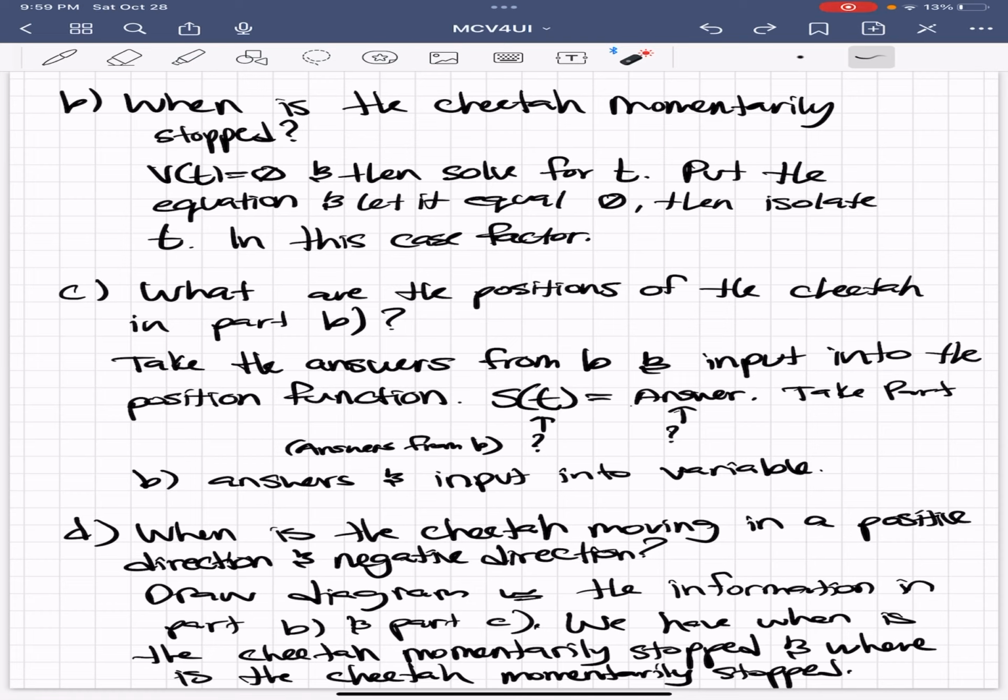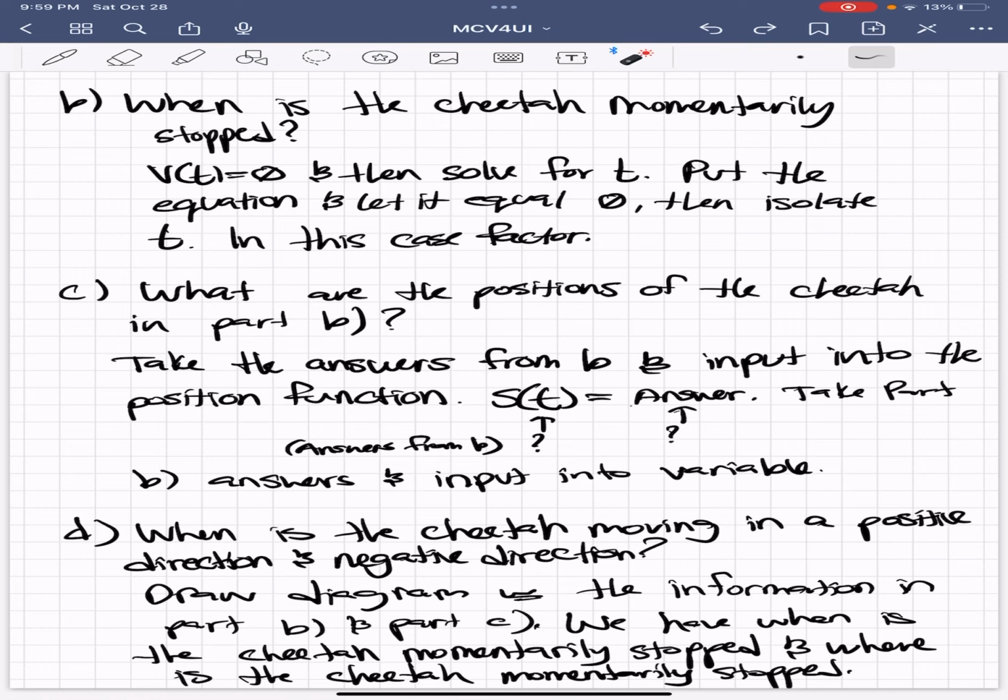So what are the positions of the cheetah in part B? Take the answers from B and input it into the position function. S of t equals the answer, and take answers from part B. So we take when is the cheetah momentarily stopped.